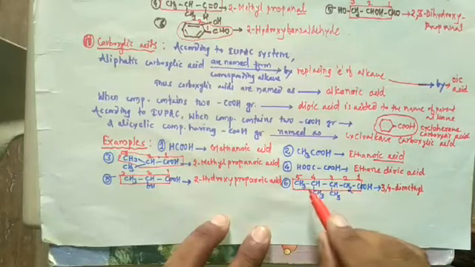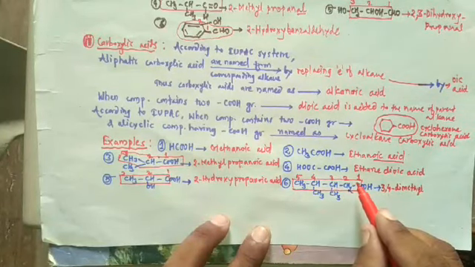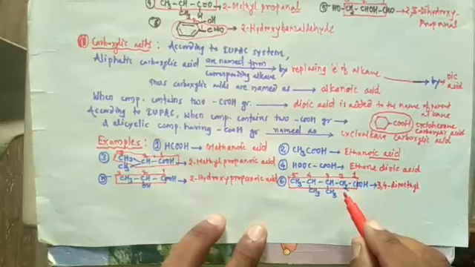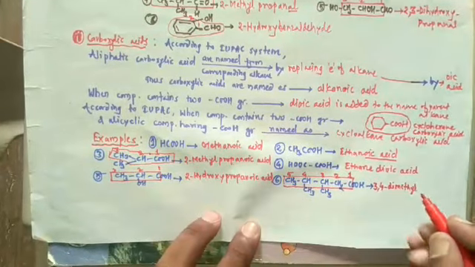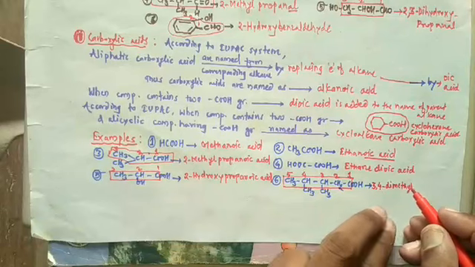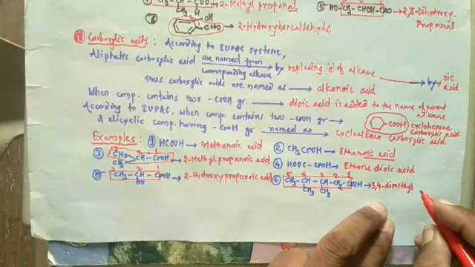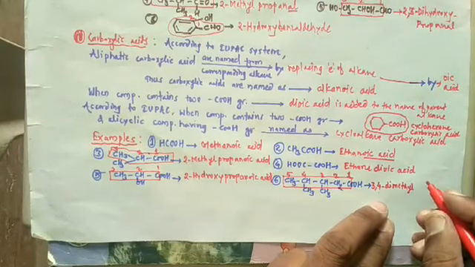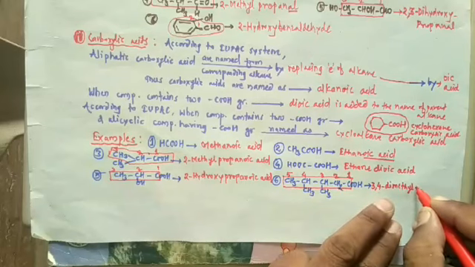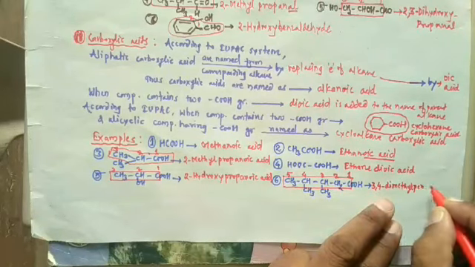Then it contains 5 carbon atoms, so the parent alkane is pentane. Replace the final letter E of pentane by OIC acid, so here we write pentanoic acid.